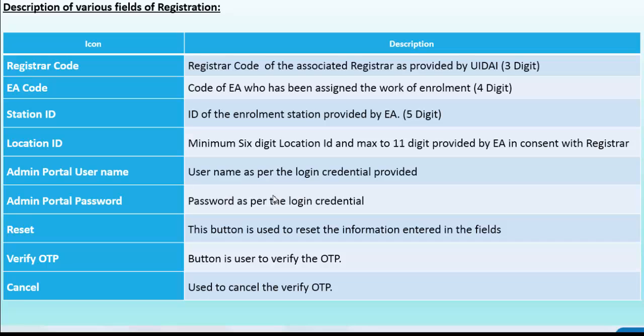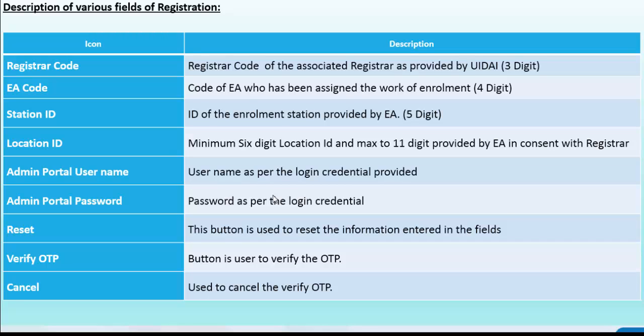Otherwise you can give a maximum 11-digit number in the location ID. Then admin portal username and admin portal password, which are the responsibility of your EA. The username and password will be provided by UIDAI through the UIDAI tech center to your EA.